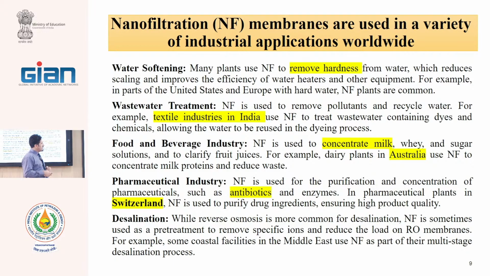NF can reject the sugar. We can use it for separation of sugar from the water and other applications, or in some cases clarifying fruit juice. Clarify the fruit juice.